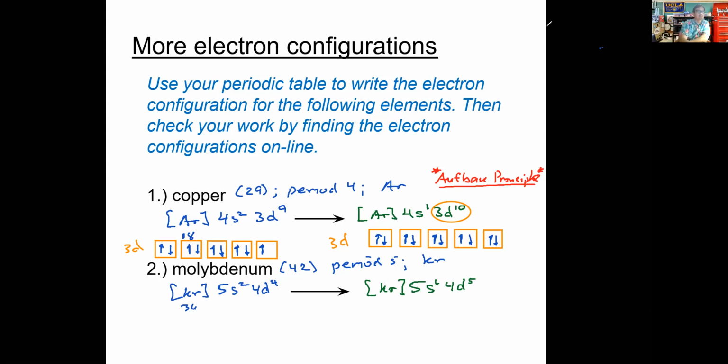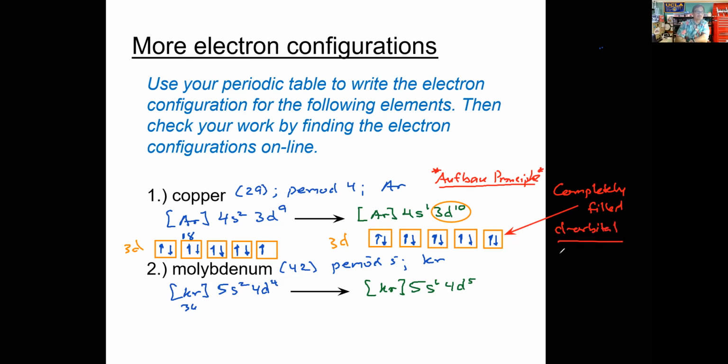So what we see here is that there is some stability. Nature seems to favor this energy state, where we have a completely filled d orbital, and it makes copper more stable.